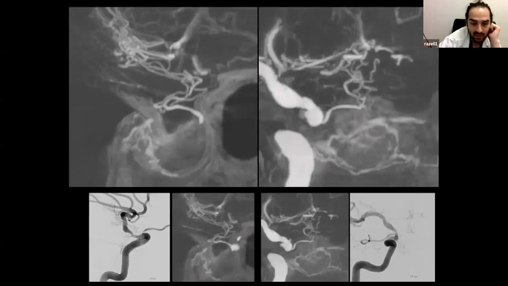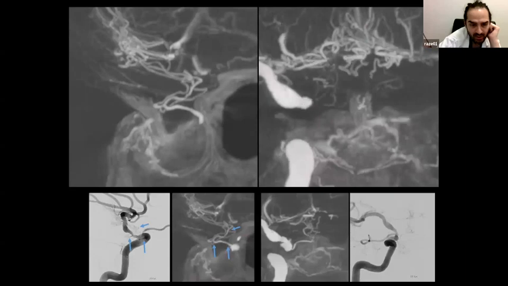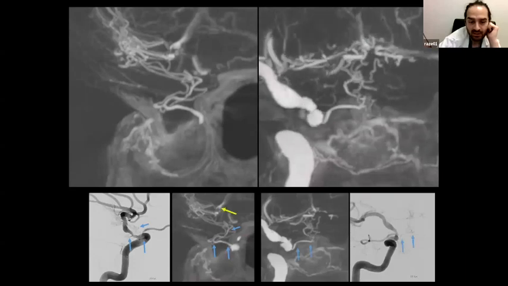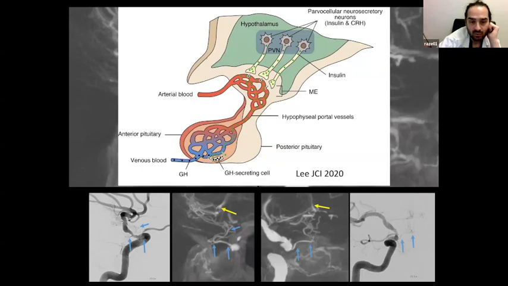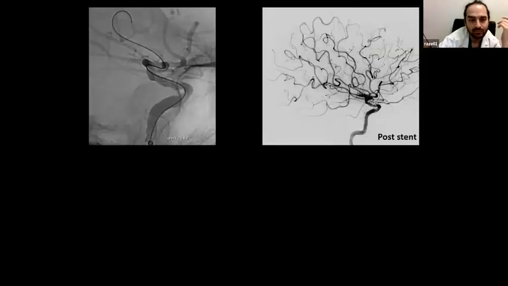These are very interesting examples of collaterals, essentially from the superior hypophyseal artery through the pituitary branches, using the hypophyseal portal connection toward the hypothalamus, and from there joining the ACA through a perforator coming from the ACA toward the hypothalamus.